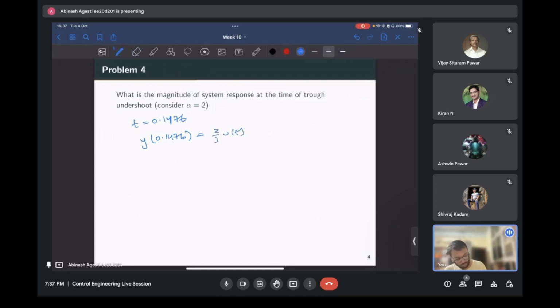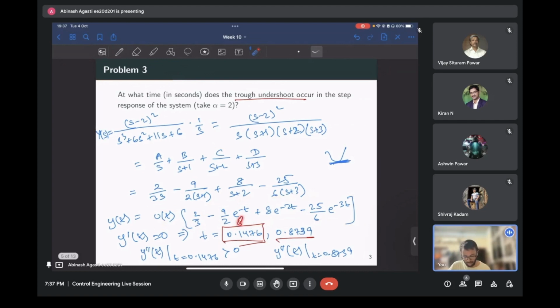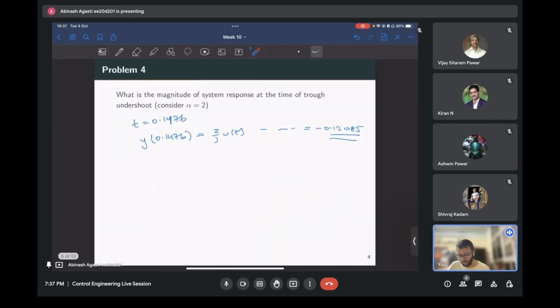So what I get is minus 0.12085. Okay, is it clear? This one is a simple one. You just plug in the time value and find the magnitude that we want to find.